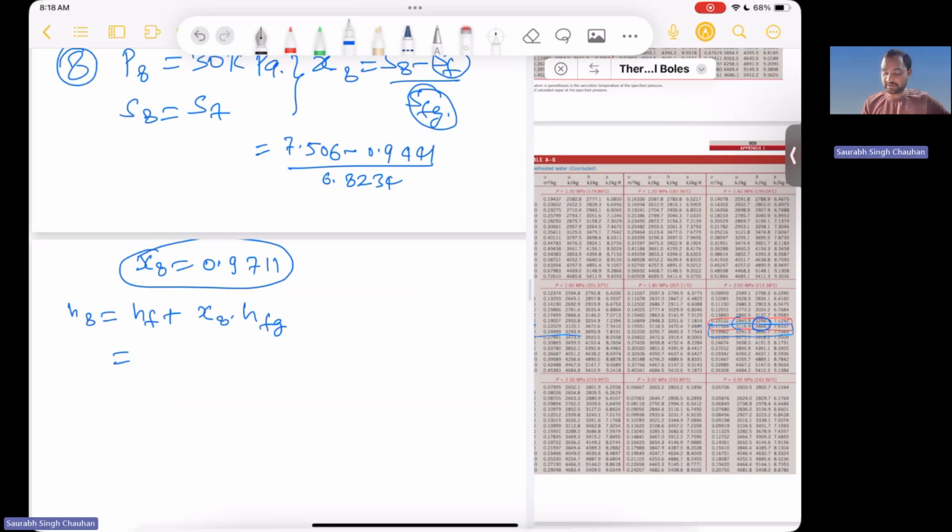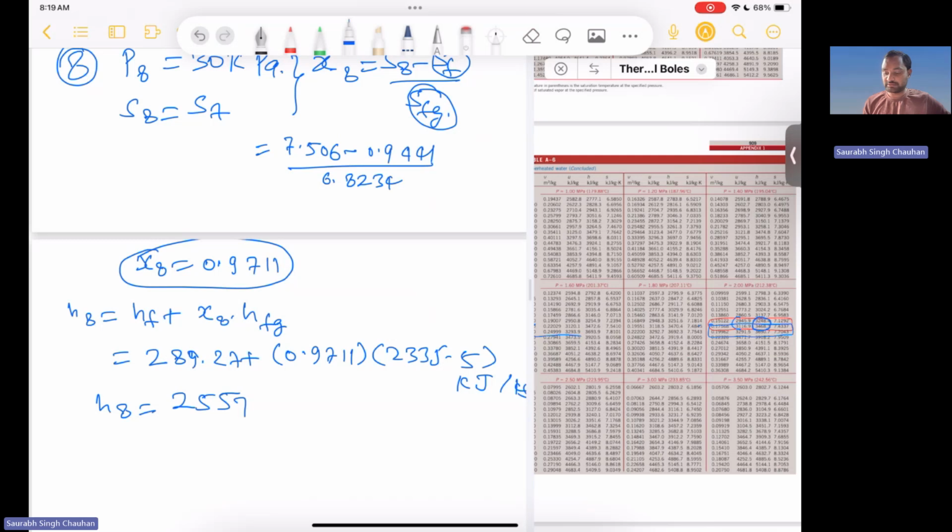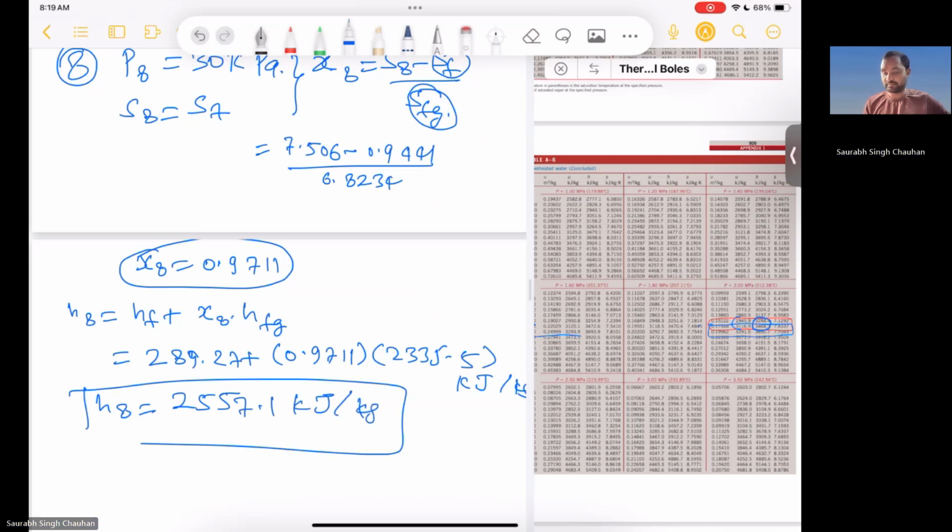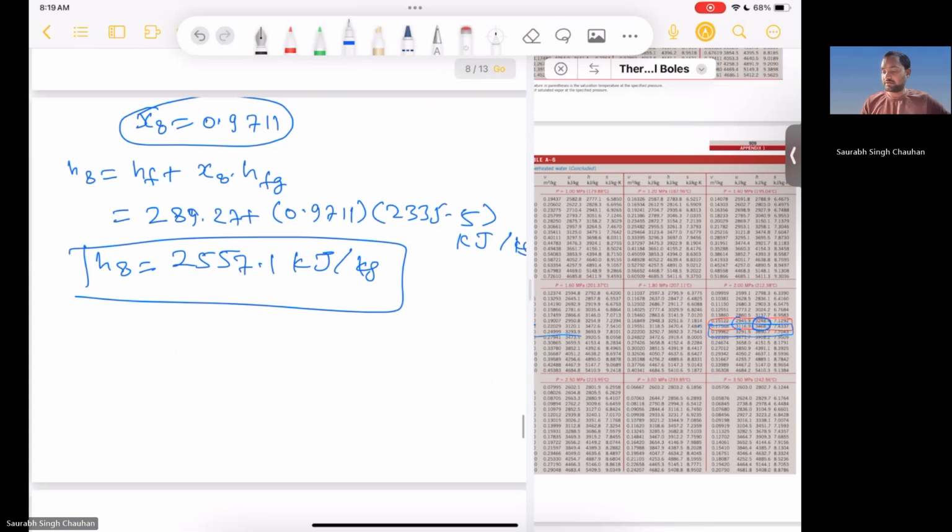Again just substituting the values, 89.27 plus 0.97 times the latent heat. So enthalpy at point 8 you will get 2557.1 kilojoule per kg.